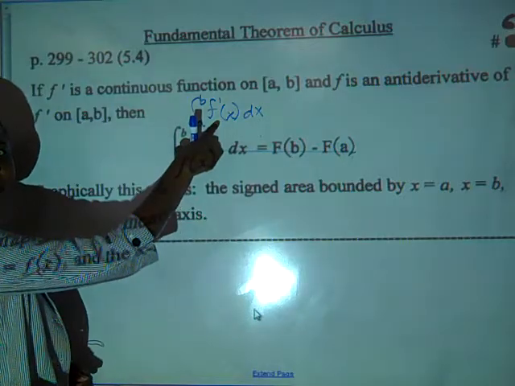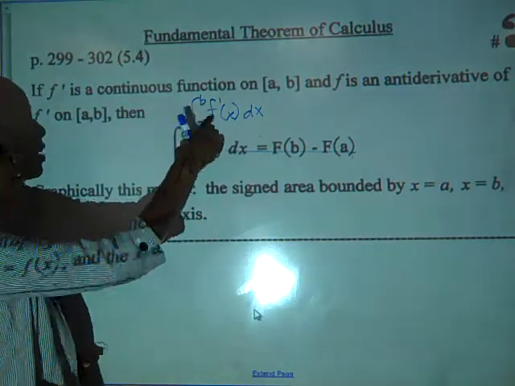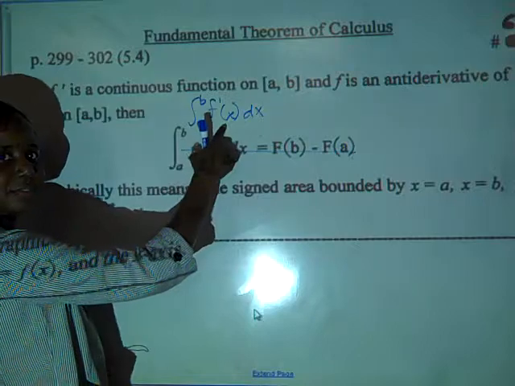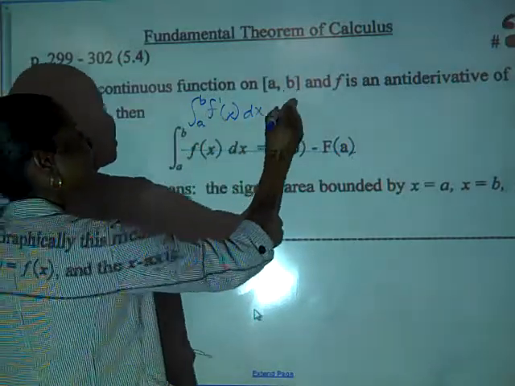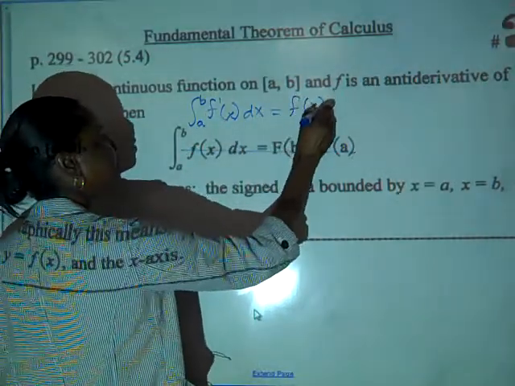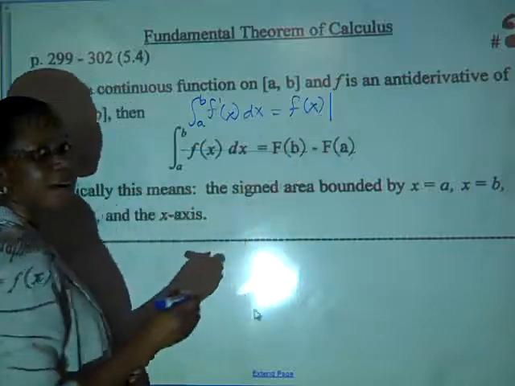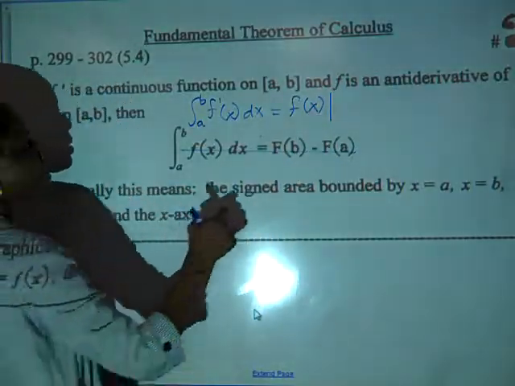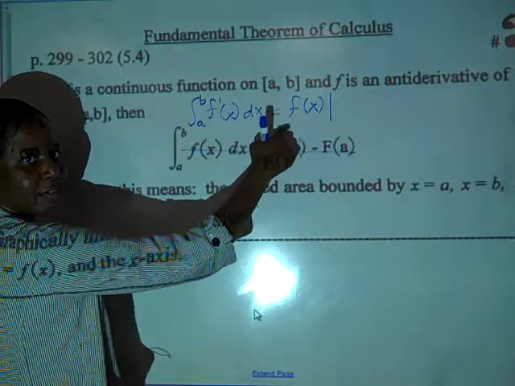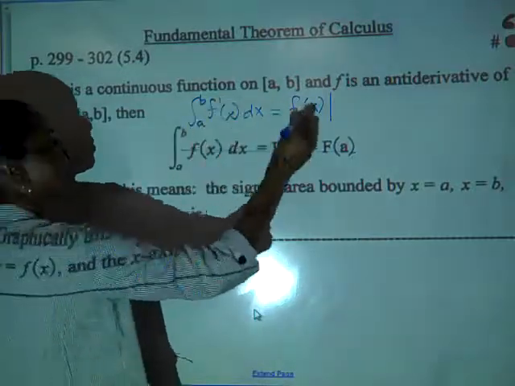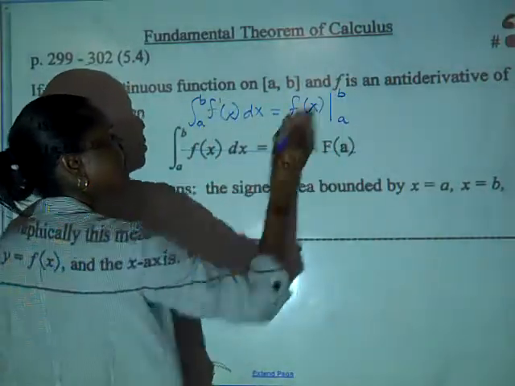What should I end back up with if I integrate something that's already a derivative? The original. So basically whatever f of x is, I'm going to put this little bar here, because that bar means I'm going to evaluate this original from the lower limit a to the upper limit b.